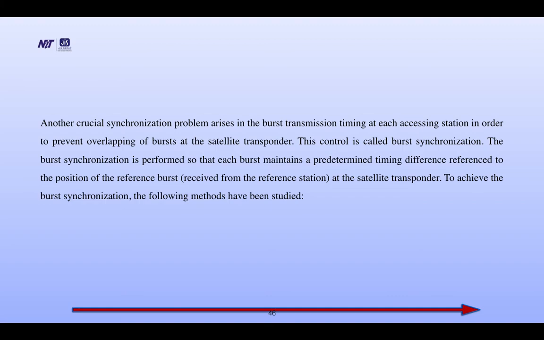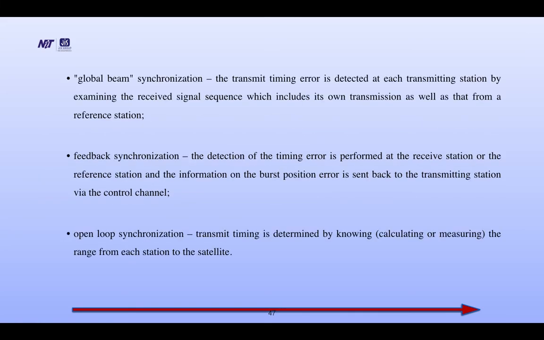The burst synchronization is performed so that each burst maintains a predetermined timing difference with reference to the position of the reference burst at the satellite transponder. To achieve the burst synchronization, the following methods have to be studied. Global beam synchronization: the transmit timing error is detected at each transmitting station by examining the received signal sequence, which includes its own transmission as well as that from a reference station.